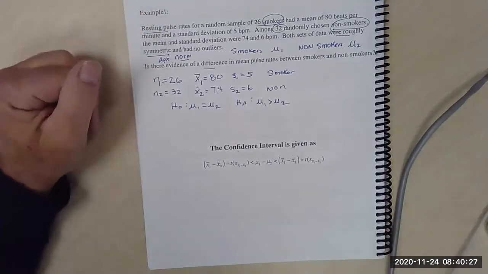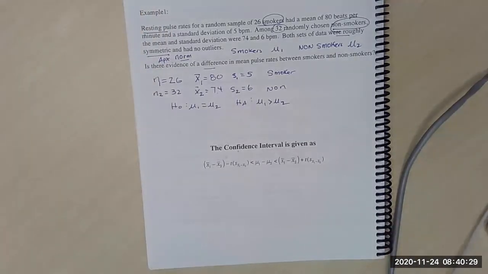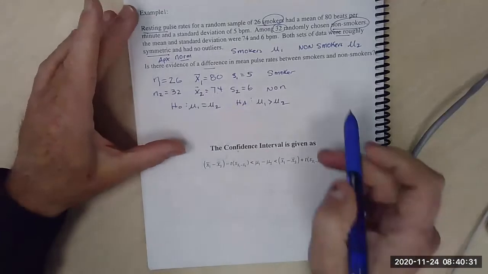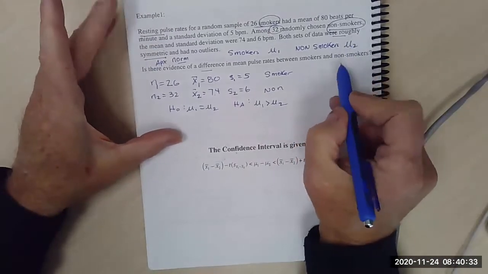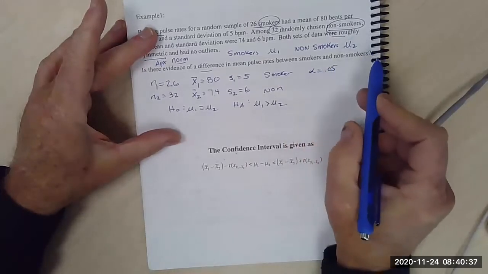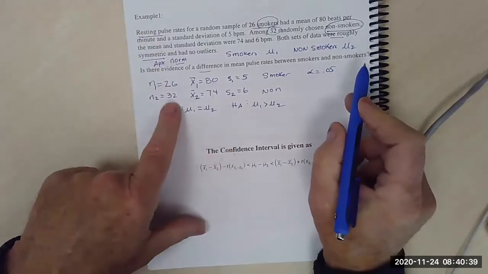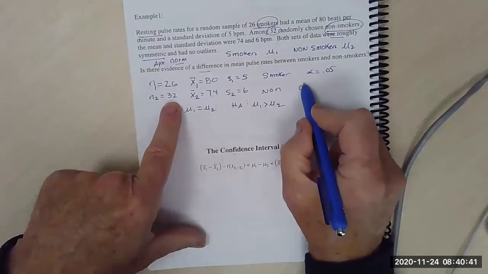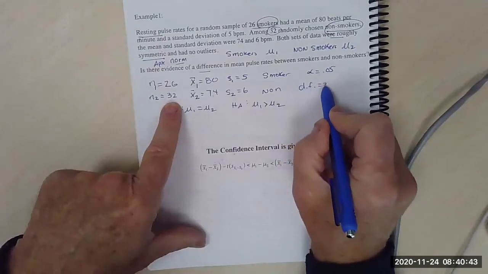So now I'm going to go through the steps again. Alpha is not given, so alpha is equal to 0.05 again. We're going to take the degrees of freedom to be the bigger of the two, so df, we're going to take that to be 31.